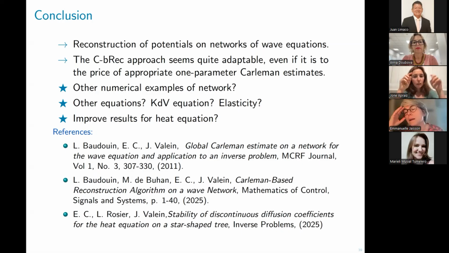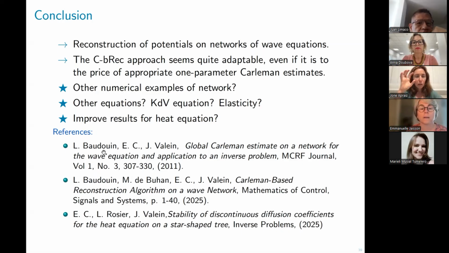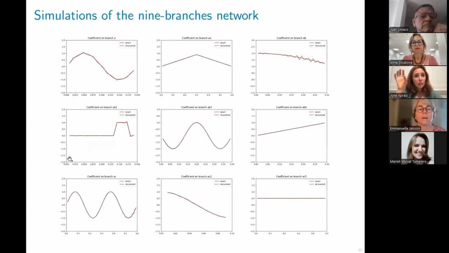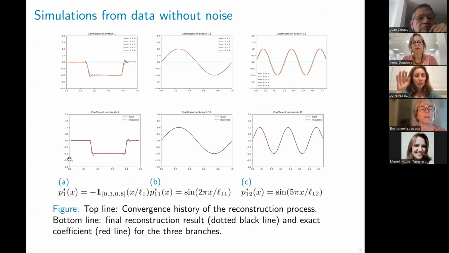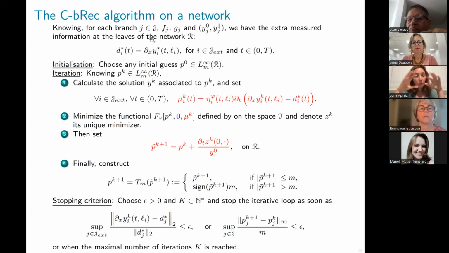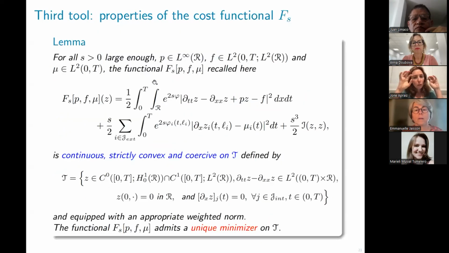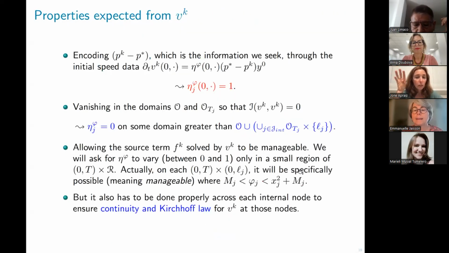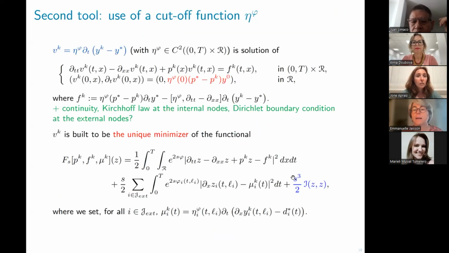Another short question. You talked about some cutoff functions that you had to build. The reason why you build those cutoff functions is because you have to deal with some blue term appearing at the end of the functional that you wanted to minimize. Yes, this one. That's the reason to build the appropriate cutoff functions.